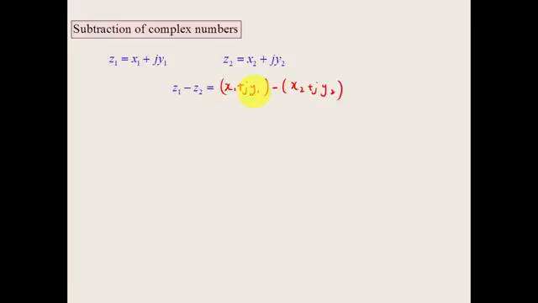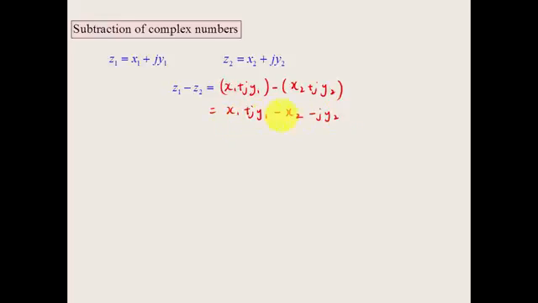Now it is very important to put a pair of brackets around each of the complex numbers because there is a negative sign here and it's going to affect the sign later when we remove the brackets. So now let's remove the brackets. x1 plus jy1, no change. But this minus sign will make this become minus x2. And this minus sign will make this become minus jy2.